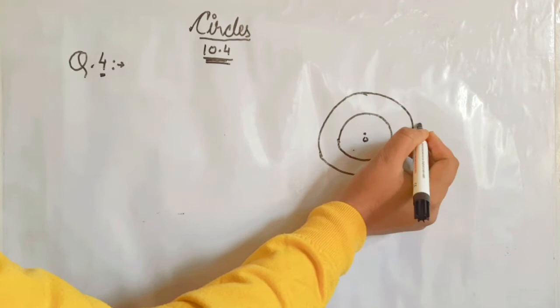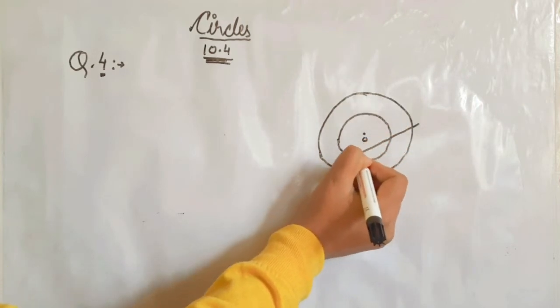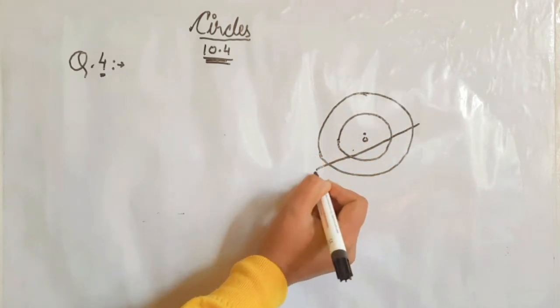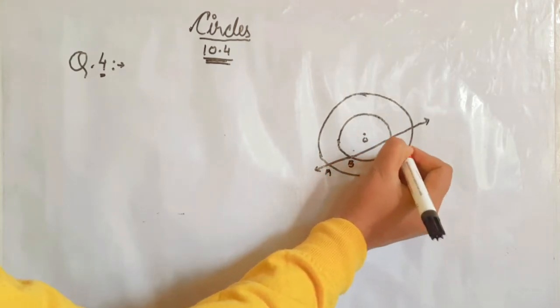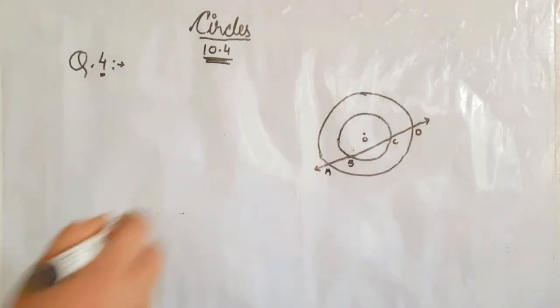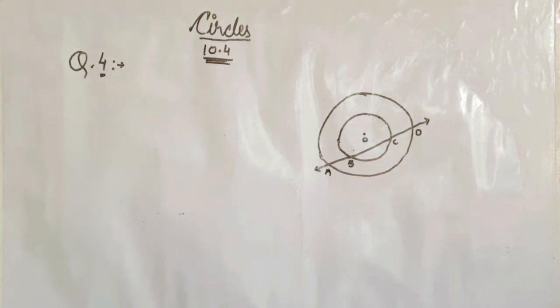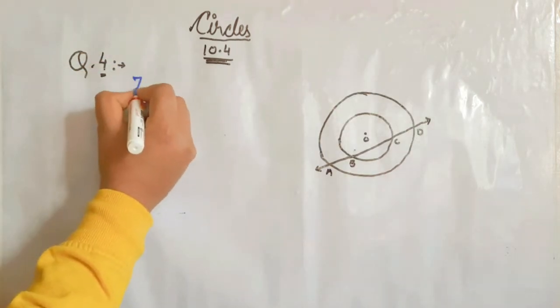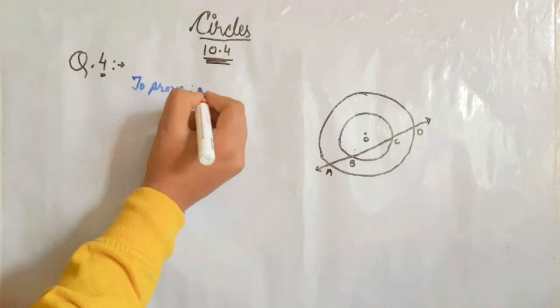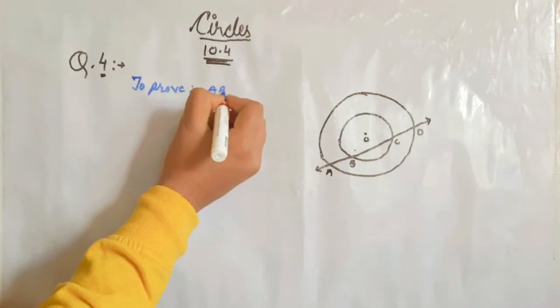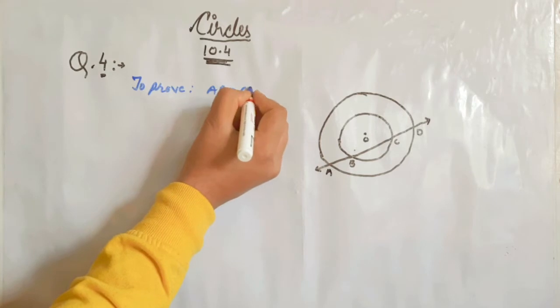A line intersects both of these circles at A, B, C and D. So what we have to prove? We have to prove that AB is equal to CD.